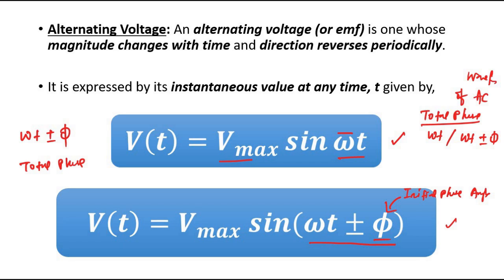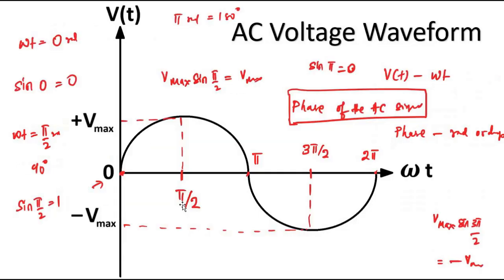Okay, so here, if we want to know what is the phase angle at which the value of the signal is equal to 0, the phase angle for which the value of the signal is 0.